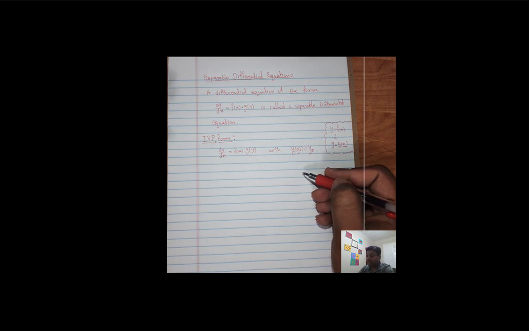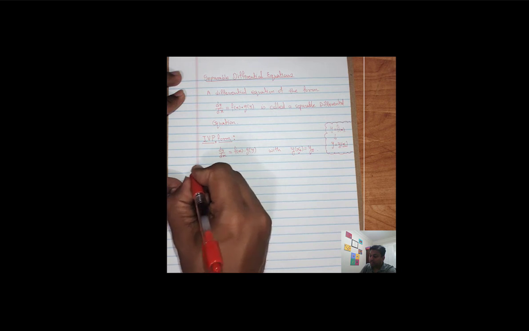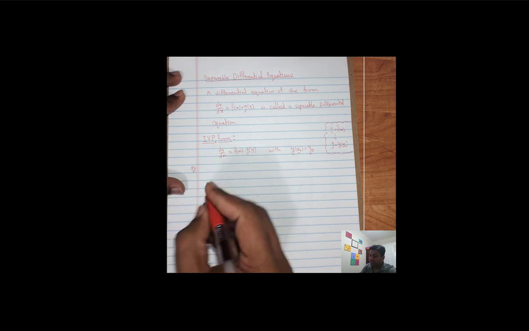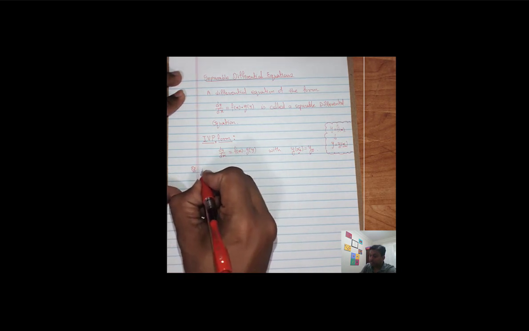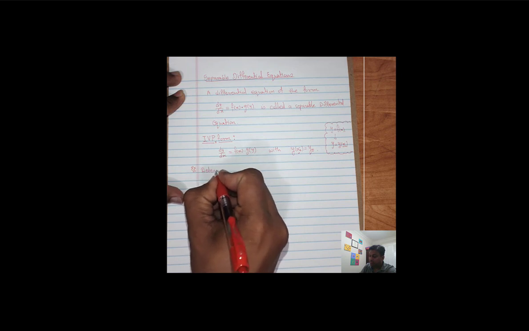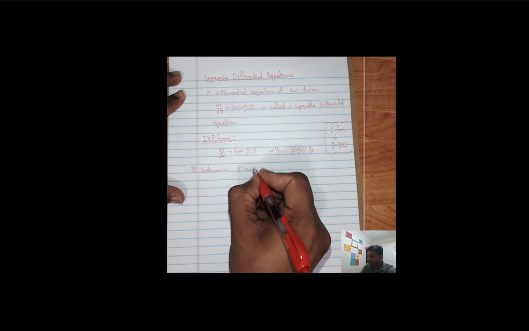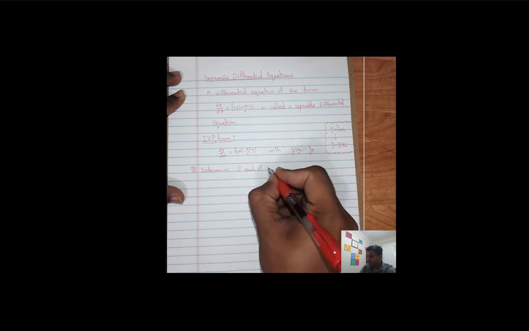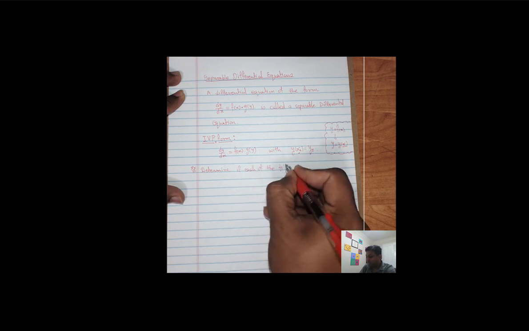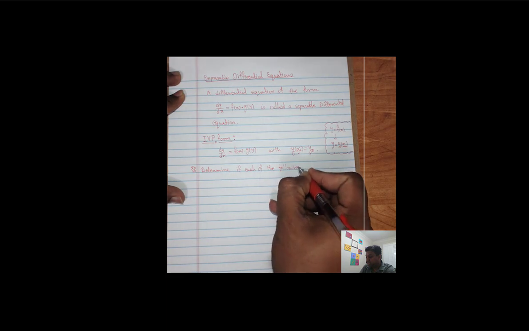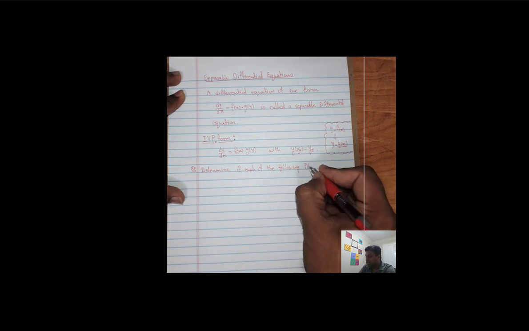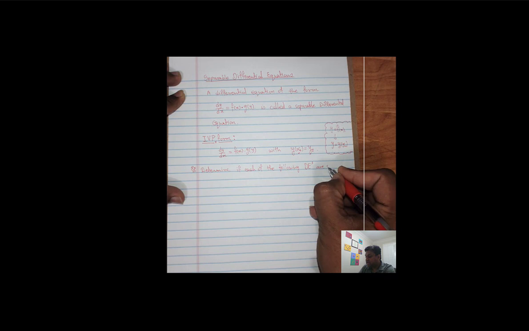Now let's try a few illustrations to see if we can recognize whether a differential equation is separable or not. These are very simple types of problems. Determine if each of the following DEs, or differential equations, are separable or not.